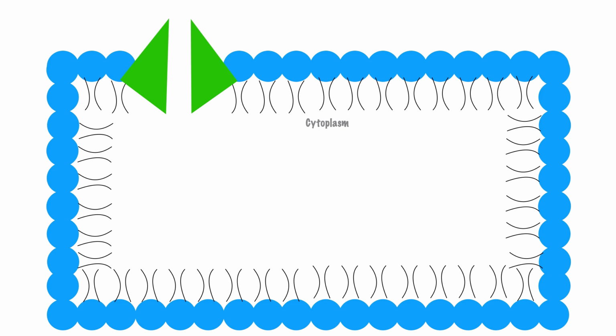We can identify glucose by its chemical formula C6H12O6 as a non-lipid soluble molecule. And if you remember, we said that on its own, it's incapable of passing through the cellular membrane unaided. So because of this, it needs assistance to pass through.